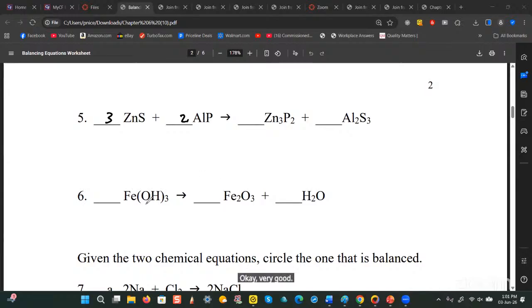Number 6. How would you balance number 6?